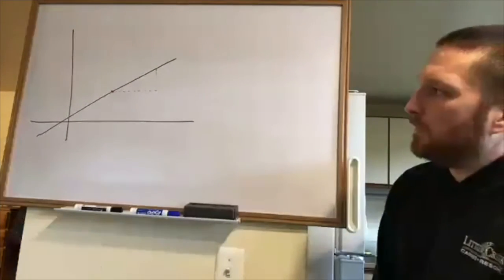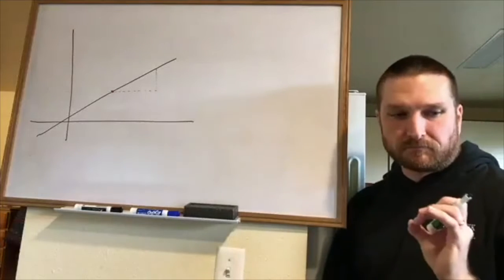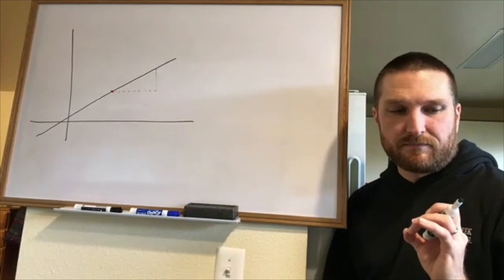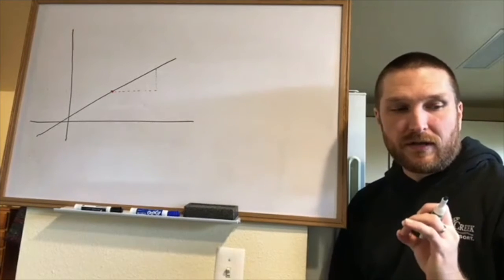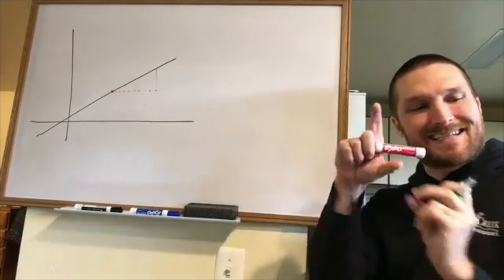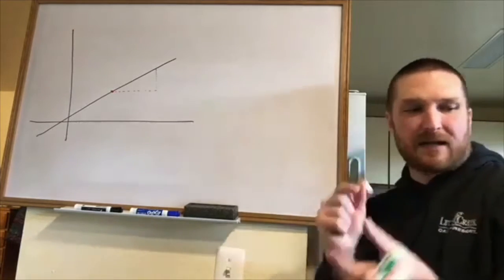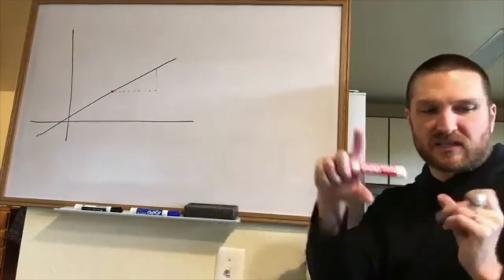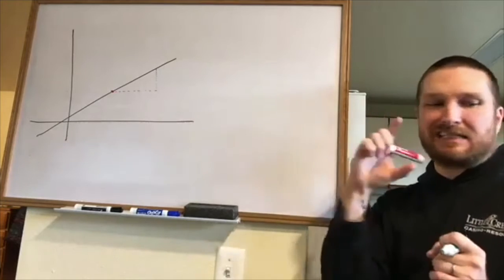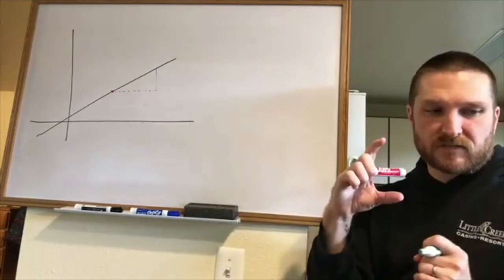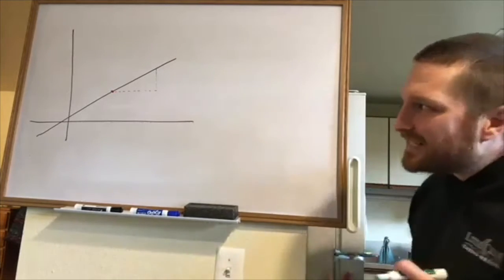Now, the way I like to do it, and the way that I've said before, is I just think about these as distances. I don't think about it as something minus something else first. I just think, what's the distance? Distance is always a positive number, right? So I'm going to think about the distance first.